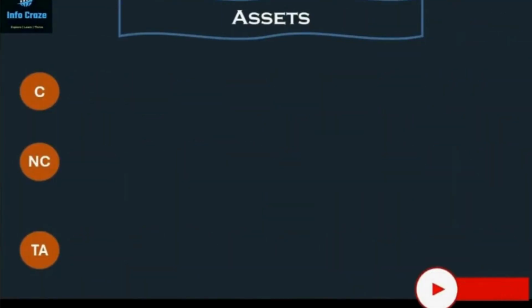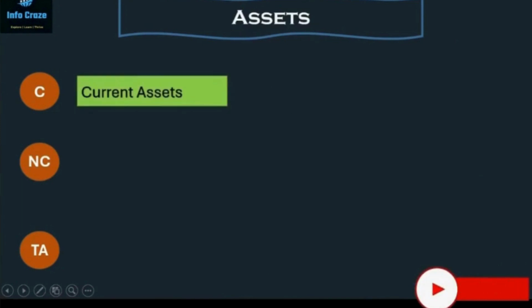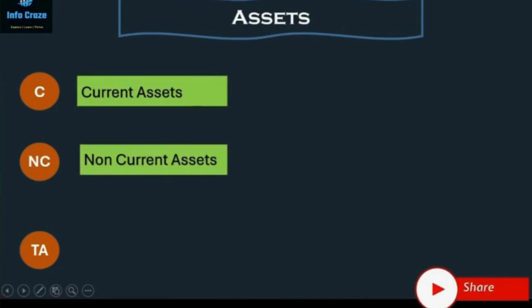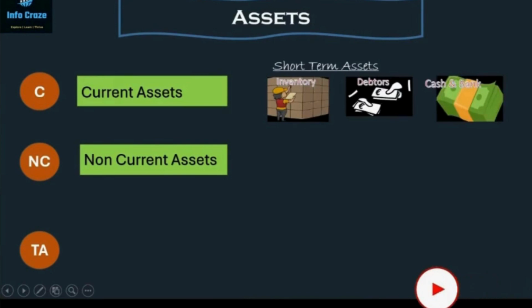Now we will discuss the assets of a company. Assets are normally of two types: current assets and non-current assets. Current assets are the short-term assets like inventory, debtors, and cash in bank.